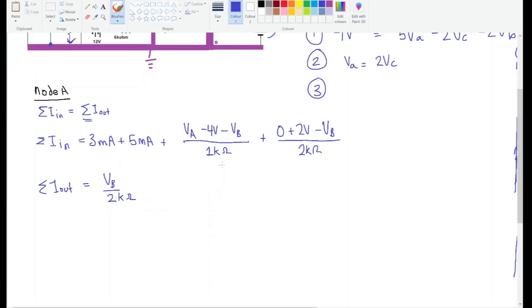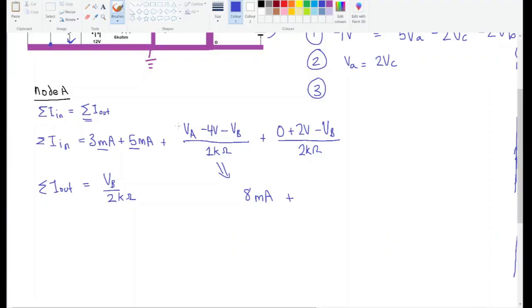Okay, and let's simplify this other one over here too. So 3 milliamps plus 5 milliamps, that's going to be 8 milliamps, of course. We could simplify this a little bit more, although I don't really want to. Okay, let's do it.